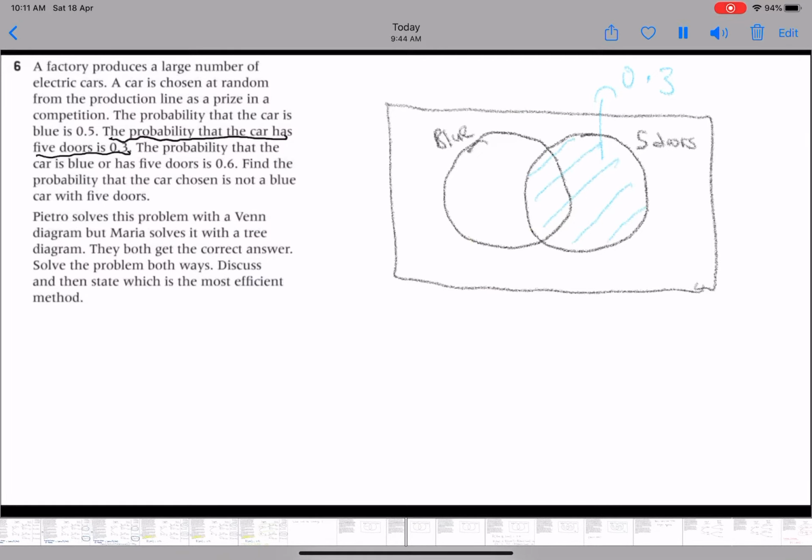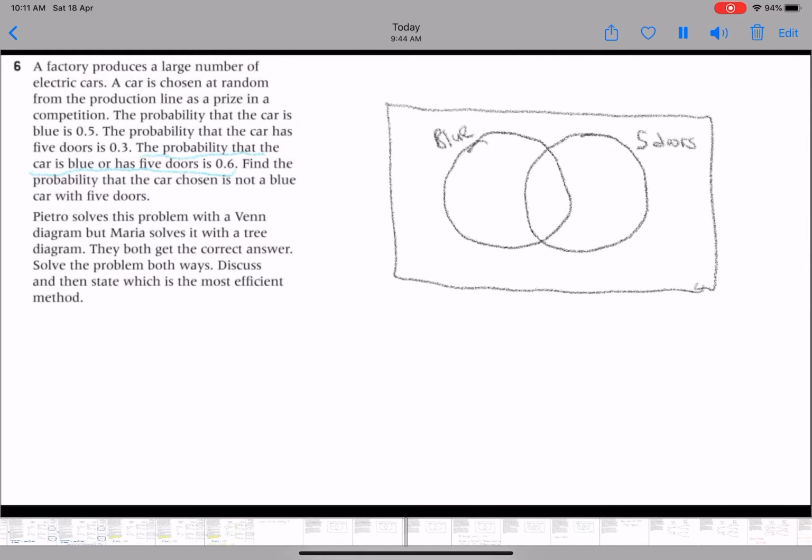The statement isn't the probability that the car has 5 doors only. The word only is missing. So we can't fill anything in the Venn diagram because we can't fit the numbers into the regions. So let us look at the next information. The probability that the car is blue or has 5 doors.